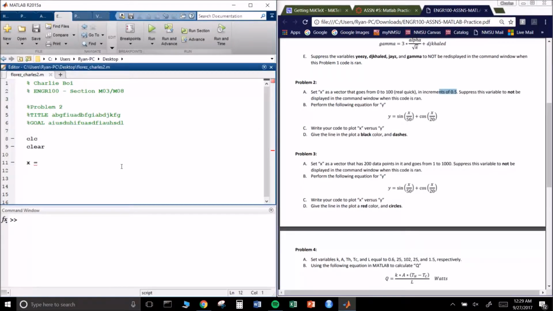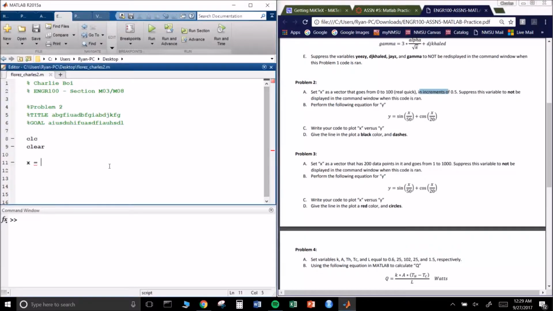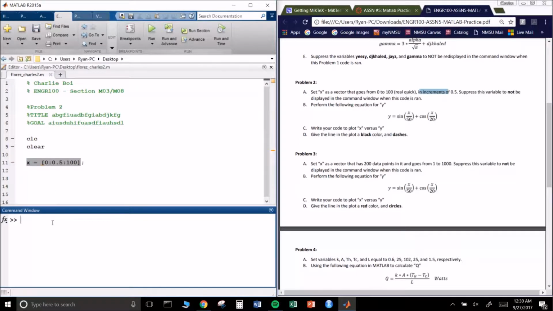So if I know my increments, then I need to use this colon operator, and my first number is my start, my second number is my increments, and my last number is my end. So this is officially going to give me a row vector that goes from 0 to 100 in increments of 0.5.